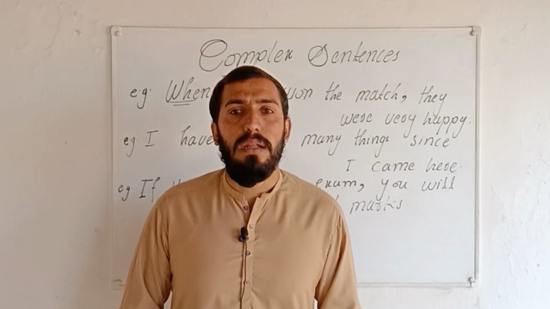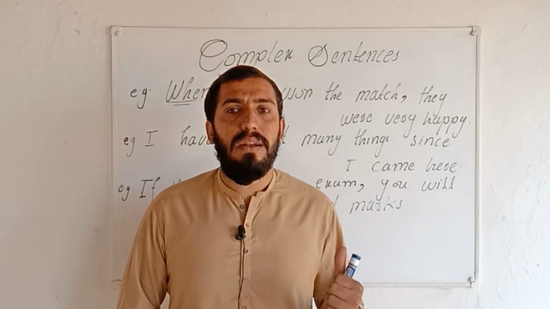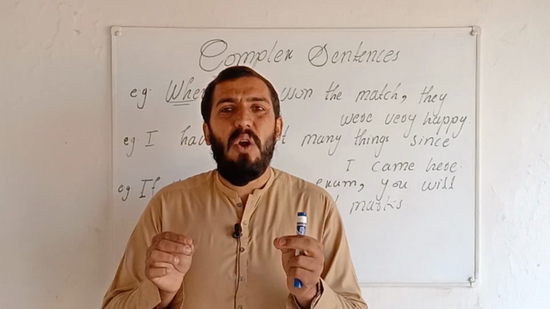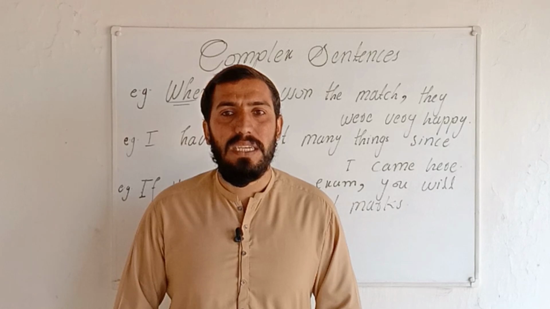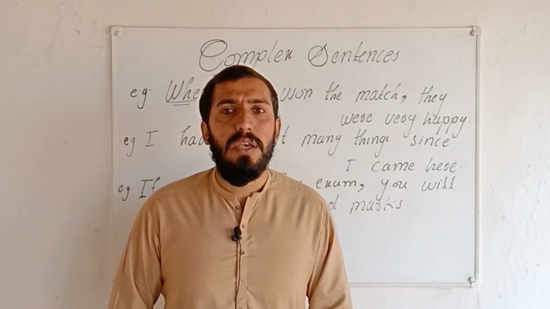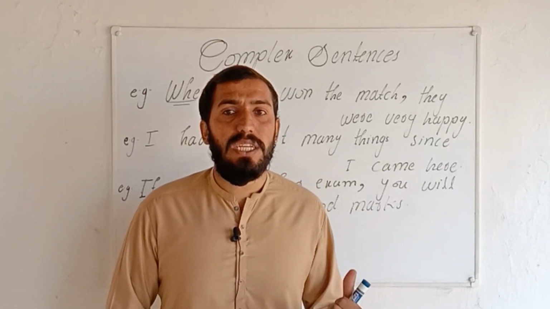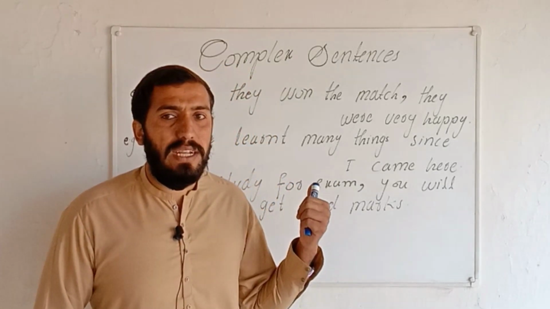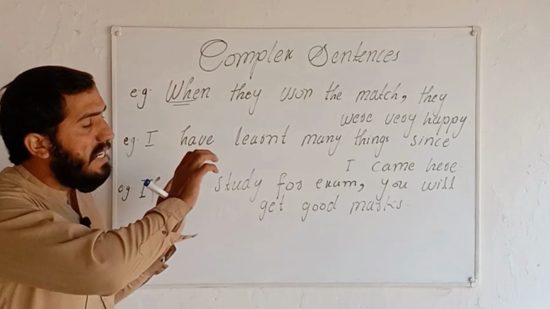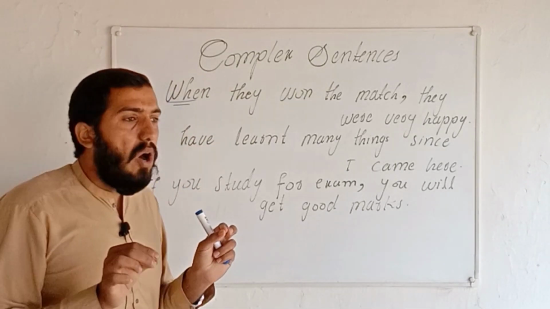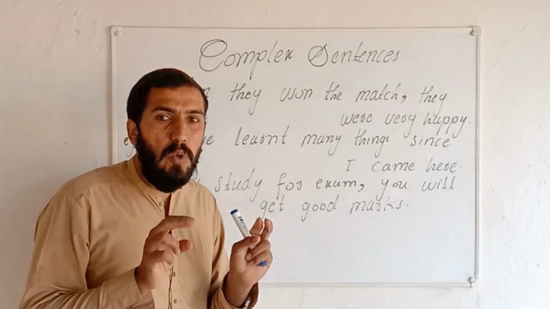As you can see here, what are complex sentences and how you can make complex sentences. You can pay careful attention to these structures. As you know better than me, complex sentences are composed of two clauses.